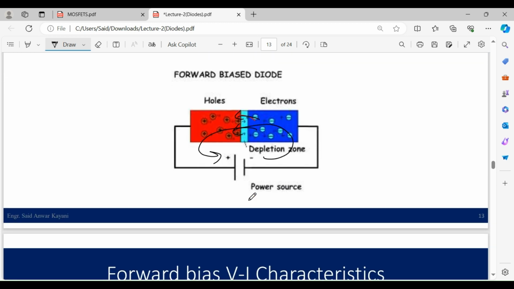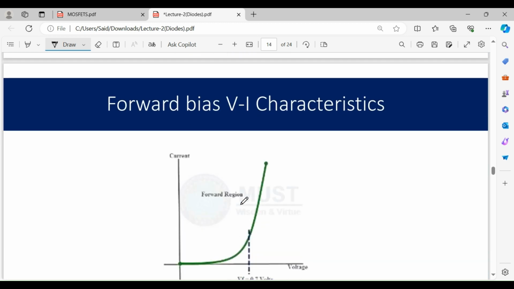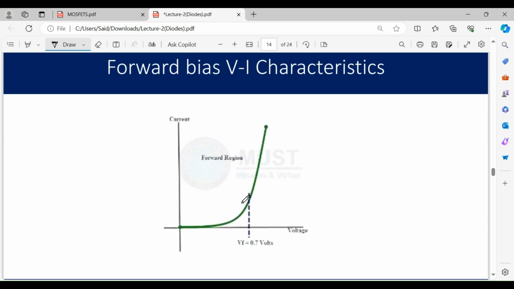These are the VI characteristics of a forward bias diode. Initially we have voltages. If we have voltages less than 0.7, then this is not enough to overcome the depletion region, so current will not flow in this case.